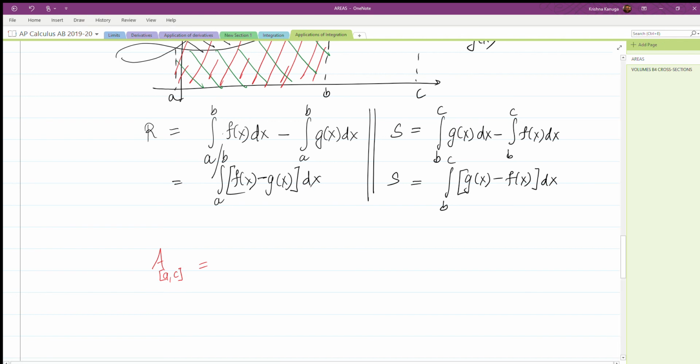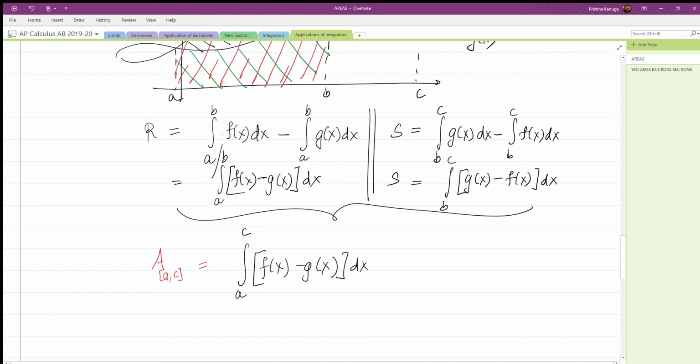It would be a mistake to simply write this as the integral from A to C of f of x minus g of x with respect to x, because we could use properties of the integral to split this up into two areas: the integral a to b of f of x minus g of x with respect to x, plus the integral b to c of f of x minus g of x with respect to x.